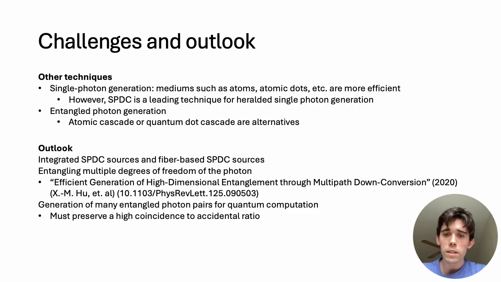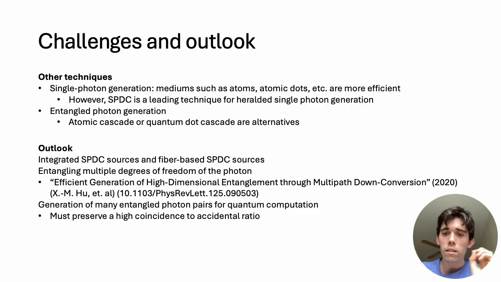As far as improvement in the future, a lot of the work is going into designing materials that have a stronger generation coefficient for SPDC, and also materials that either natively generate the photons inside a photonic structure or easily couple to a photonic structure on the chip. Another interesting example for a future direction is entangling multiple degrees of freedom, so for example, the polarization and the orbital degree of freedom at once.